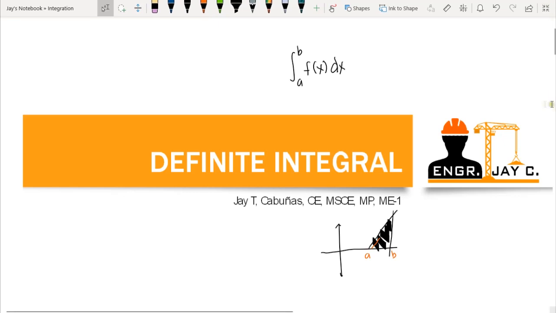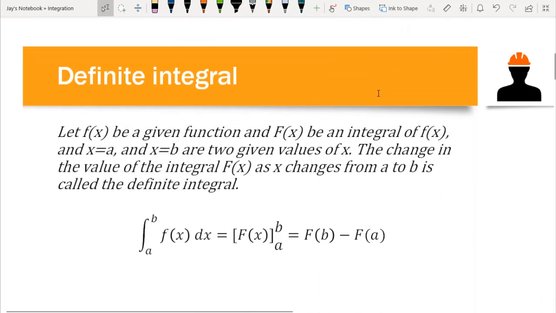Now, how are we going to compute for definite integral? We have a given function of x, and this capital letter F of x is the integral of f of x. If we want to compute the integral of this one, then we have this function F of x, which is the indefinite integral. And we have limits a to b, where a is the lower limit and b is the upper limit. These are the two given values of x.